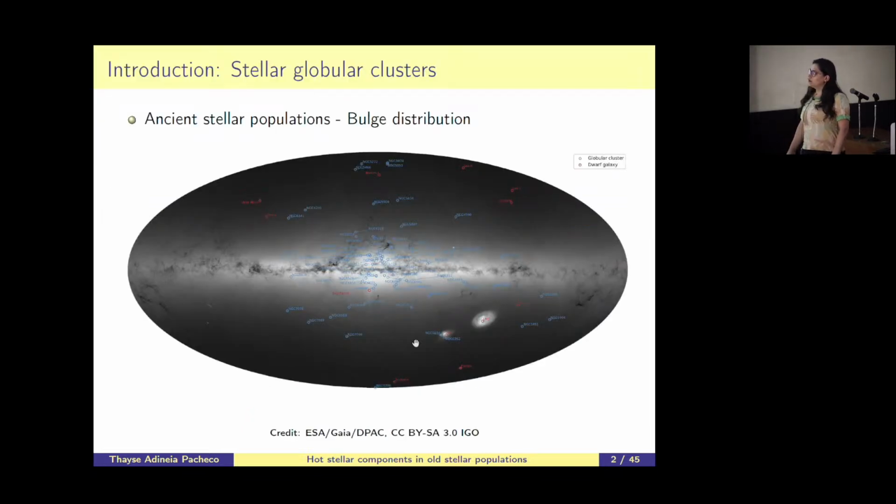Stellar globular clusters are gravitationally bound groups of stars distributed mostly in the bulge of the Milky Way. They are ancient stellar populations where we can study the formation history and the early years of our galaxy.